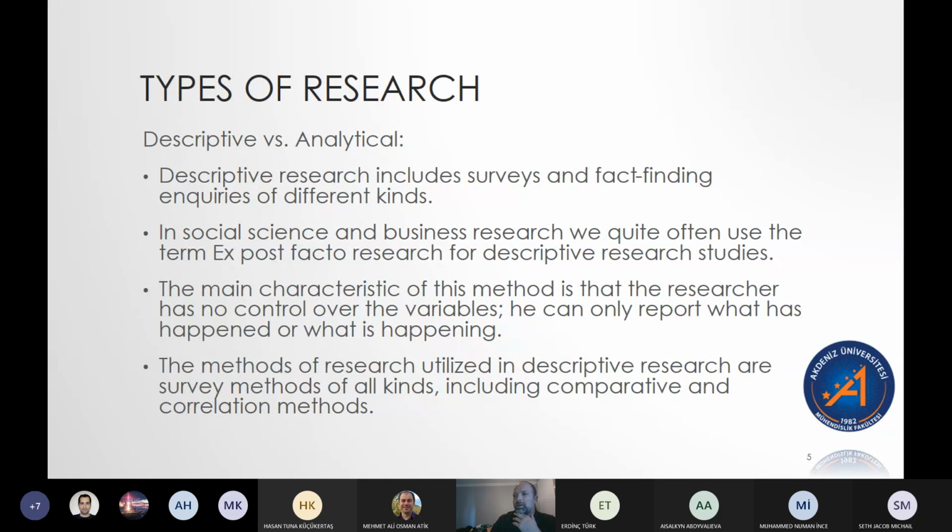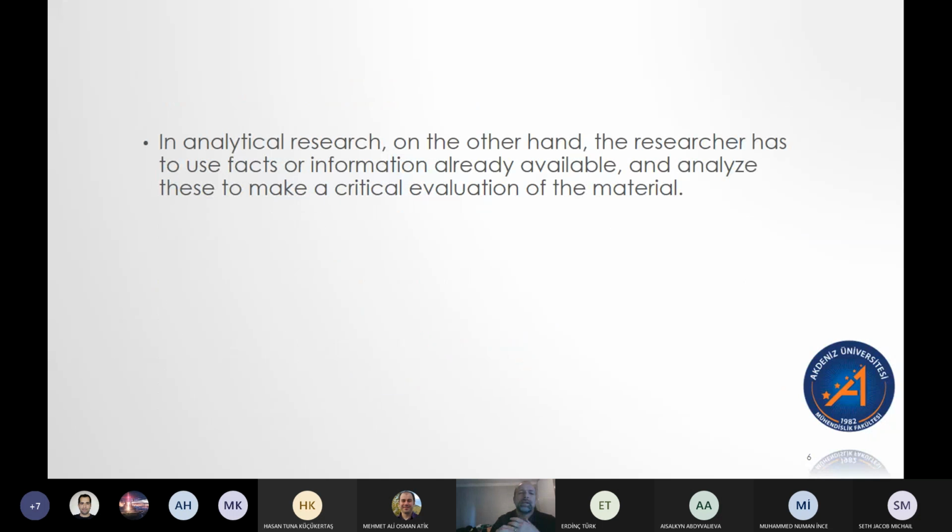The analytical is where we actually try to make an understanding of the deeper meaning of what the facts are indicating.